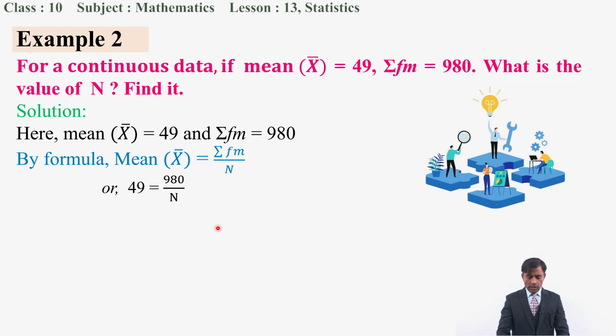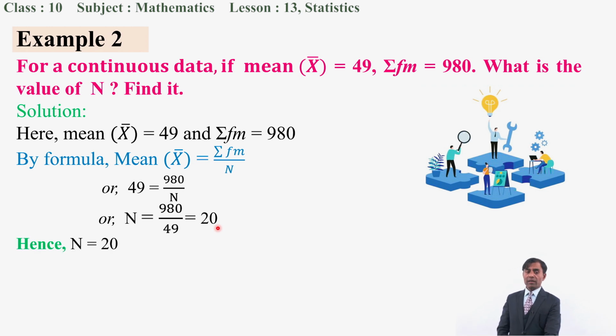After cross multiplication of 49 with N, by simplifying we get N equal to 980 divided by 49. This is equal to 20. Hence, N is equal to 20.